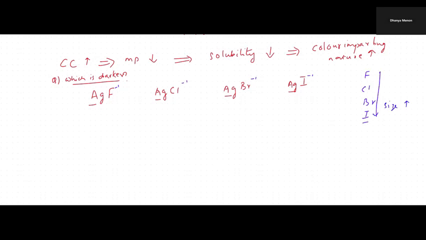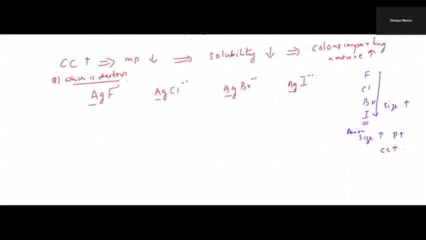So as the size of the anion increases, polarization increases, and covalent character also increases. So that means silver iodide has the most covalent character.